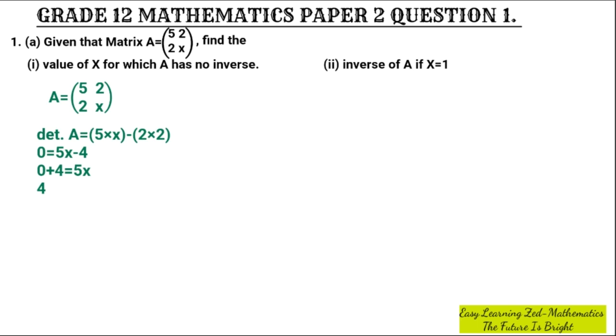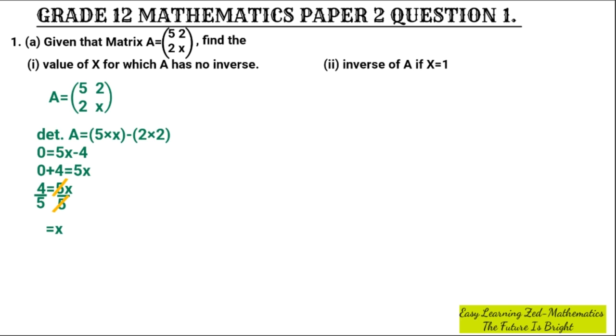Once I've reached this stage, I divide both sides by 5, because I want to remain with x alone on one side of the equal sign. So 5x divided by 5, as well as 4 divided by 5. The 5s cancel each other out, leaving us with x. Then 4 divided by 5 remains the same; I don't want to give the answer as a decimal number.